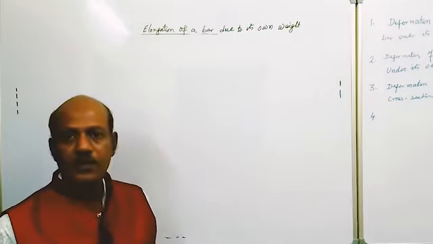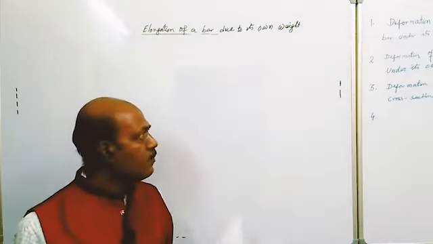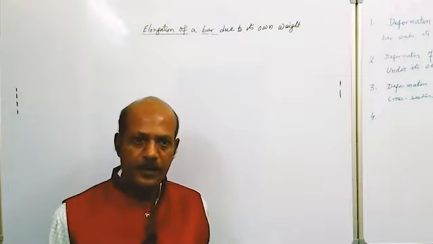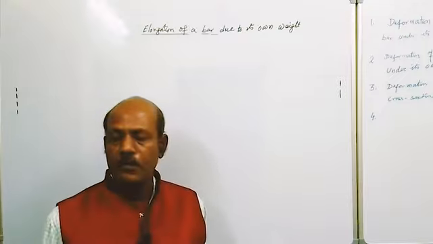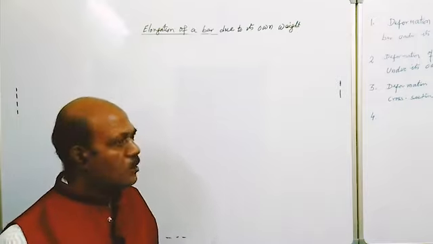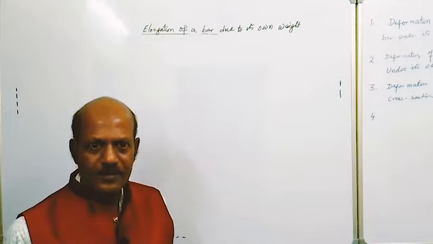Number one, deformation of a regular bar under its own weight. Second case is the deformation of a conical bar under its own weight. And third case, the deformation of a bar of varying cross sections. So now let us start today's session.